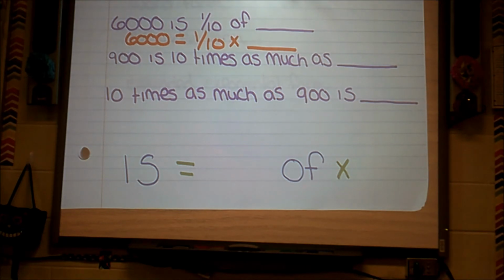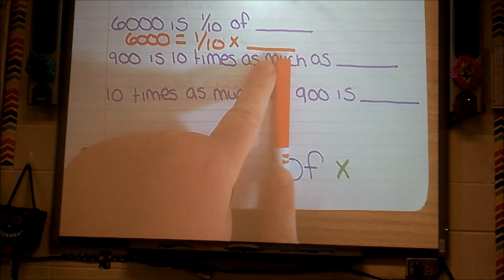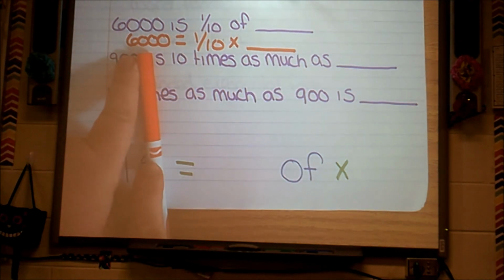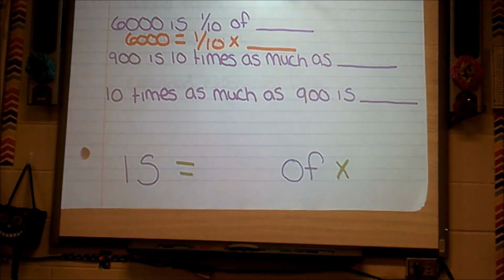I know that when I multiply a number by 1/10, I get a smaller number. But I don't know what number it is. So that means I have to start with a larger number in order for it to equal a smaller number. So I'm working in reverse.